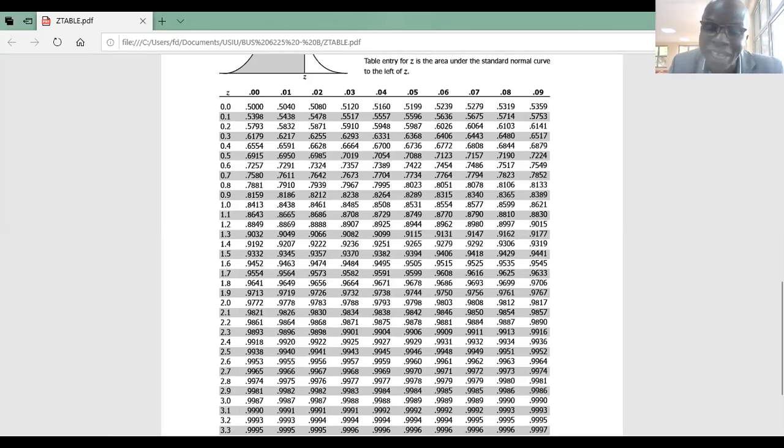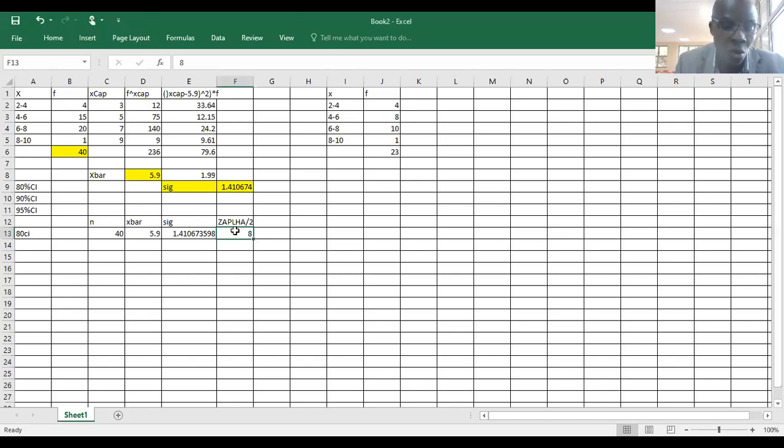So you have an area of 0.1 here, an area of 0.9 here, and here Z is 1.29. That's what you have found. Is that okay?